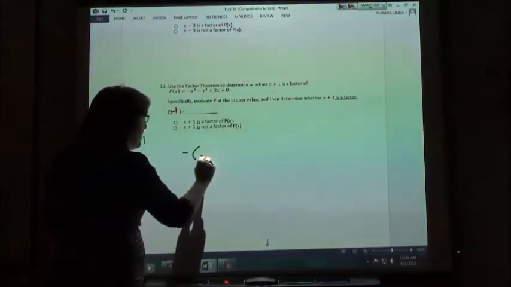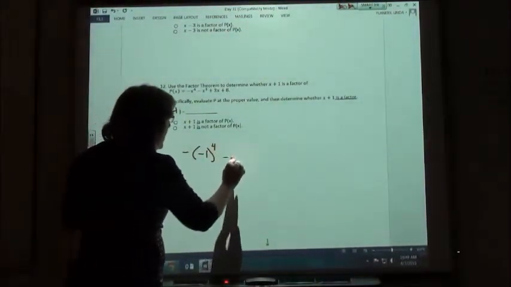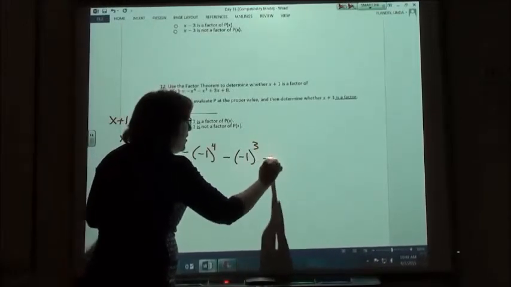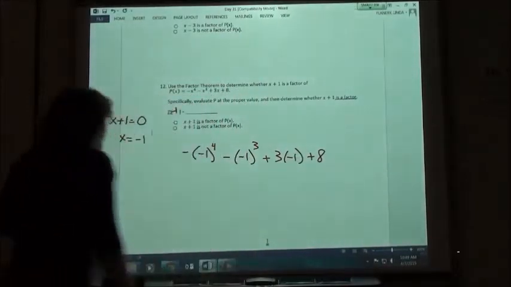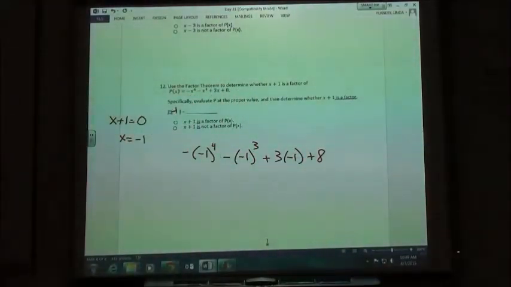So minus negative 1 to the fourth minus negative 1 to the third plus 3 times negative 1 plus 8. You could figure that out on your paper or use your calculator, whichever way you want.